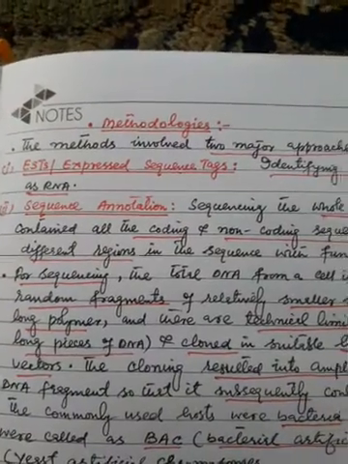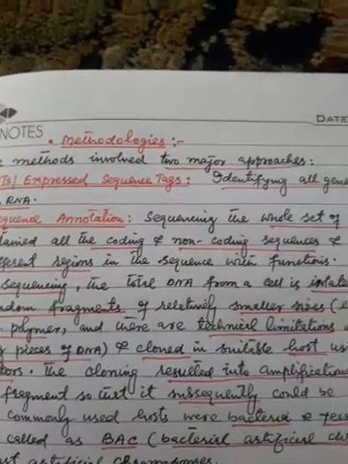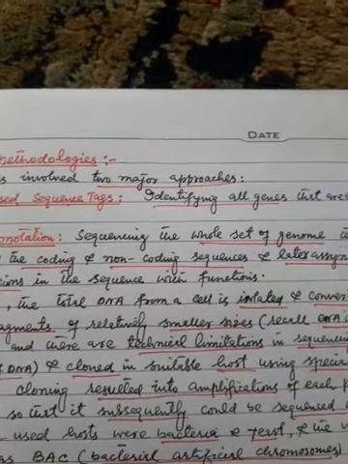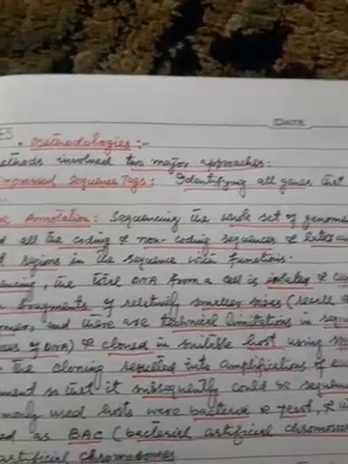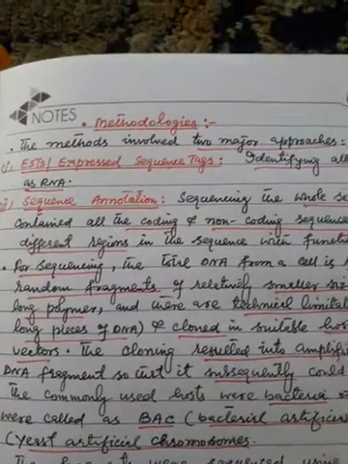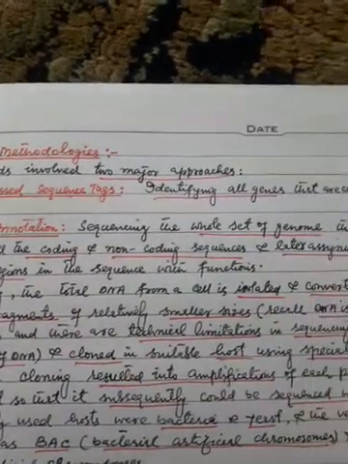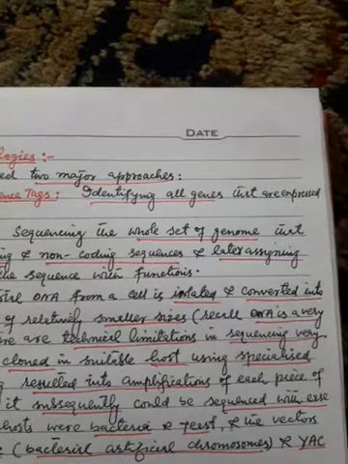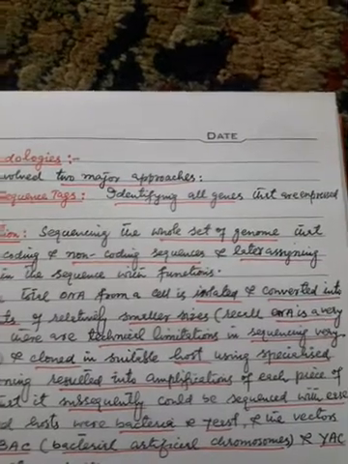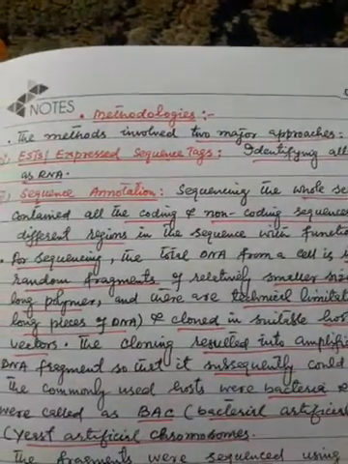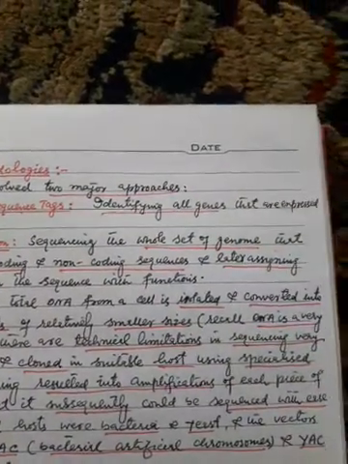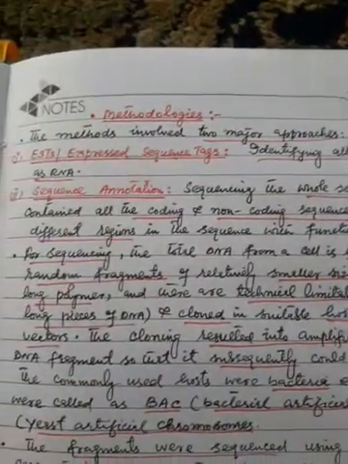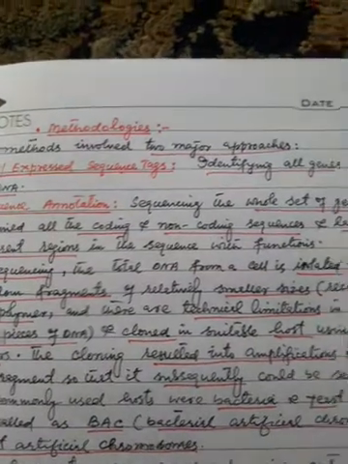For sequencing, the total DNA from a cell is isolated and converted into random fragments of relatively smaller pieces. Recall, DNA is a very long polymer, and there are technical limitations in sequencing very long pieces of DNA.